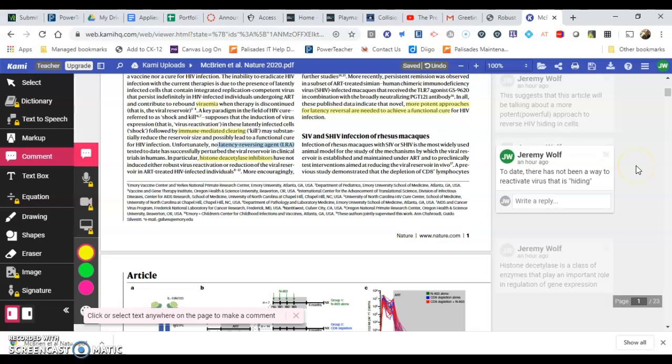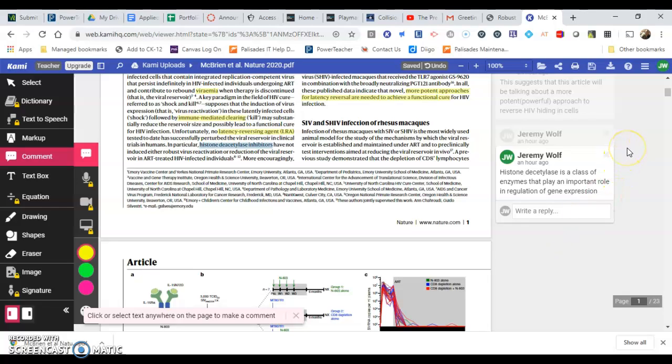Latency reversing agent. So there's no way to reactivate the virus once it's hiding. Okay. And then histone deacetylase is a class of enzymes that plays an important role in the regulation of gene expression. So gene expression with viruses, right, is a really important thing.